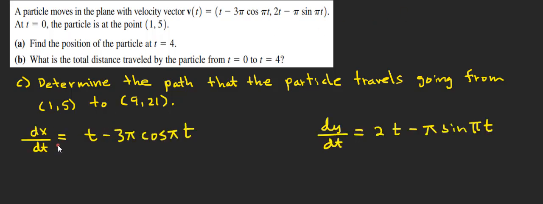So we have dx/dt equals t minus 3 pi cosine pi t, and dy/dt equals 2t minus pi sine of pi t from this given information. So now we're going to find x of t and y of t by taking the antiderivative.